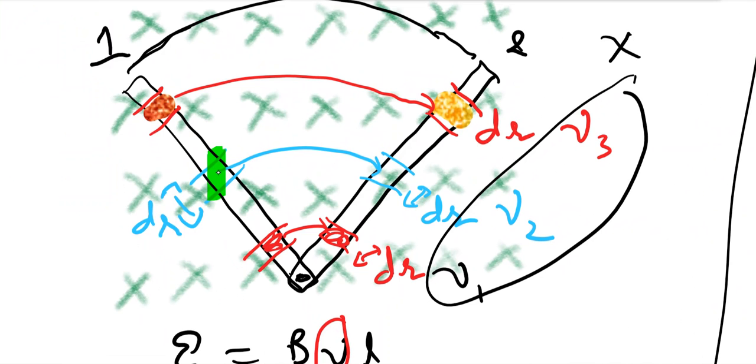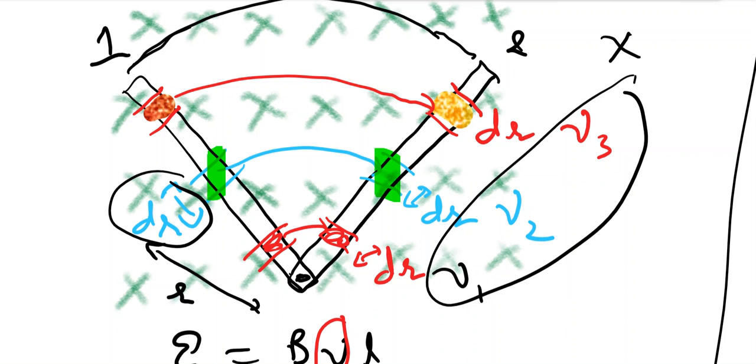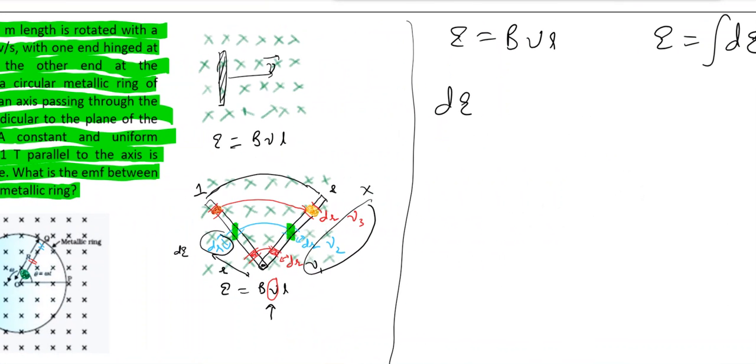I'll choose a small region, find the EMF of that small region, and then integrate. At distance r, I'm choosing some length dr, and the EMF of this dr is d epsilon, which is B v dr. Once again, what is dr? A small part of the rod. What is v? The velocity of that small part.